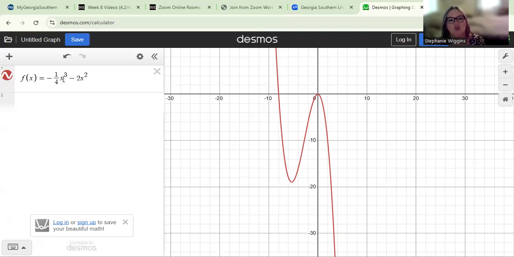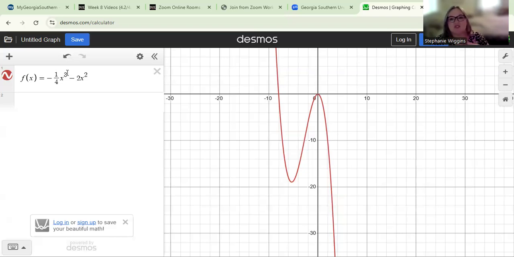So if you put an x in there and you put, say, negative 100, the cube of that negative 100 is going to be way more powerful than the square of the negative 100. So those negative values of x are going to be multiplied by another negative. So the cube preserves the sign of your input, whereas the even power is going to negate the sign.